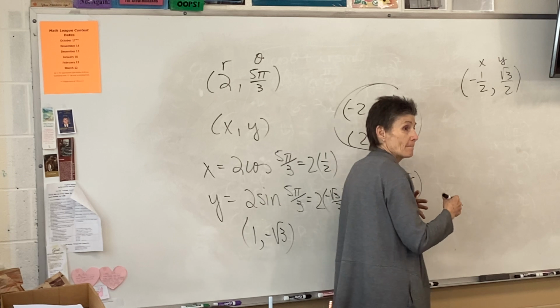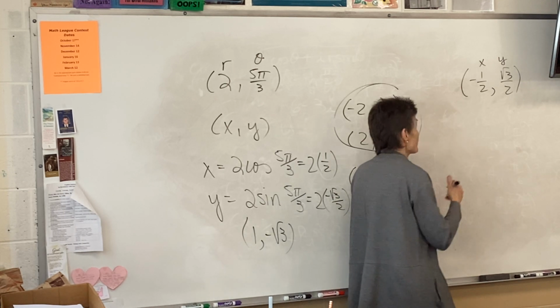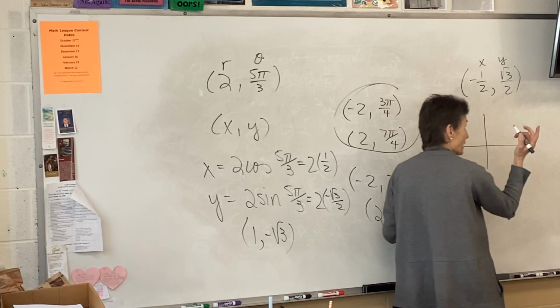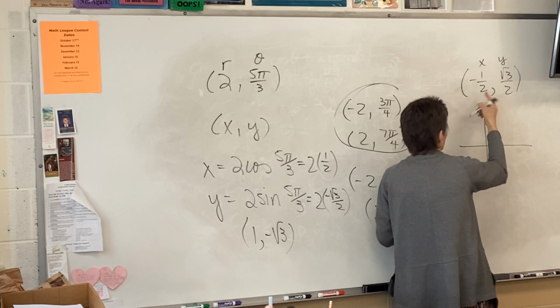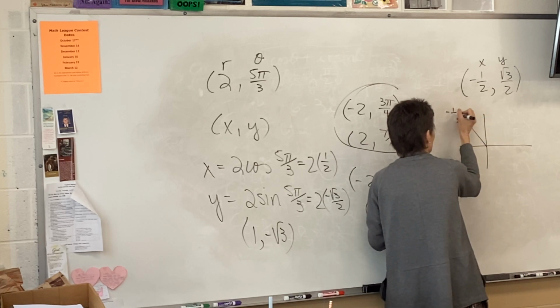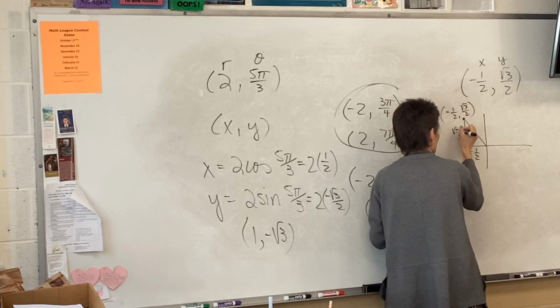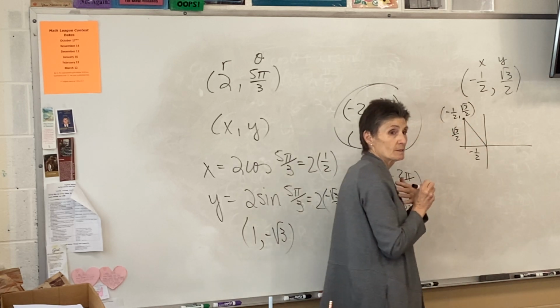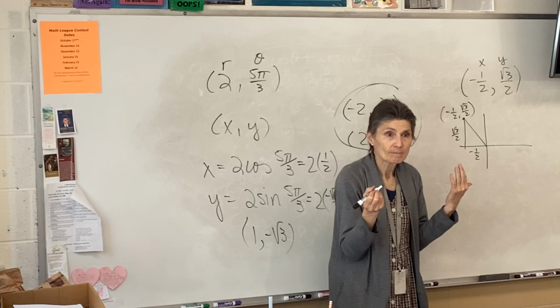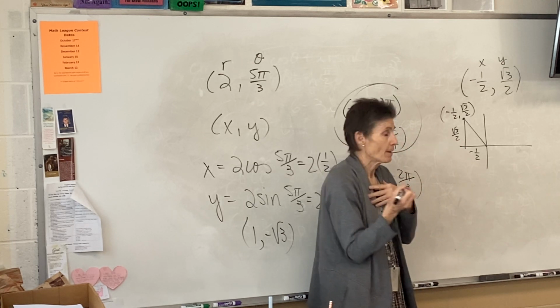Raina? Those points are 2 pi over 3. So Raina says, this is over here, right? And this is the point, negative 1/2, root 3 over 2. She says, I recognize that. She said, that's 2 pi over 3. Would you agree? Okay.